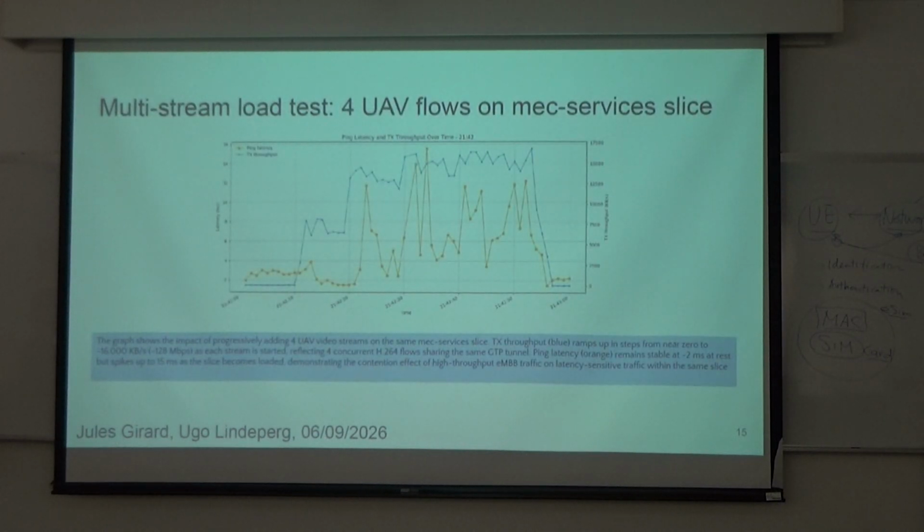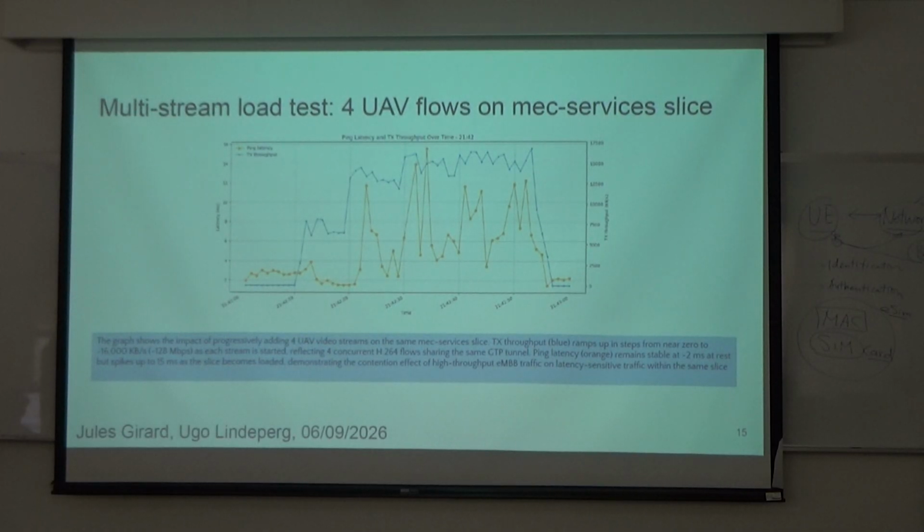We also try to test the latency between the different slices. So in this example, we have a ping device and 4 streams which start progressively. In blue, we can see the throughput.